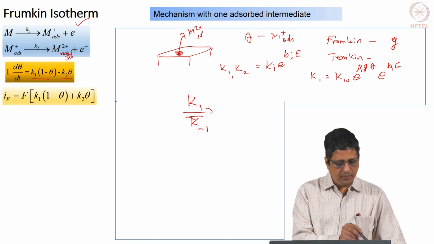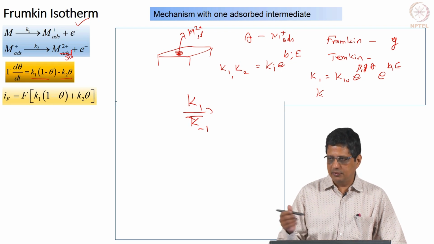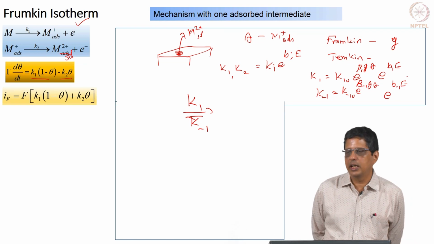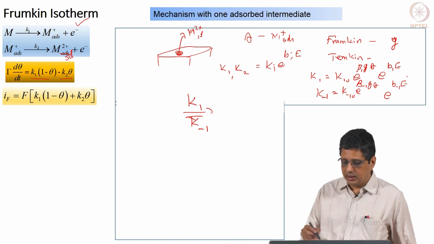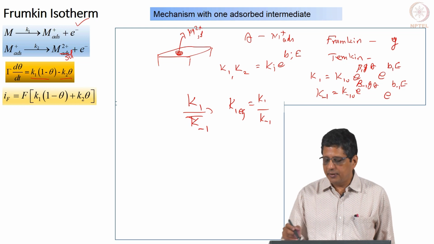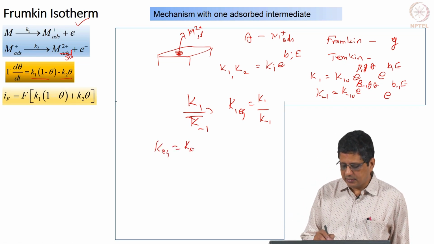Okay. Right now, we are taking the reverse reaction is negligible because we are operating in a region where it is very positive potential and forward reaction is significant. If we take K minus 1 to be like this, and if we take the ratio of K1 and K minus 1 to get the equilibrium constant, then you would find that the form of the equilibrium constant is also going to be like this.